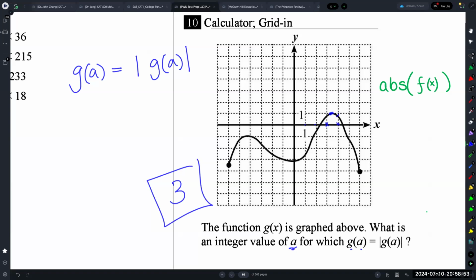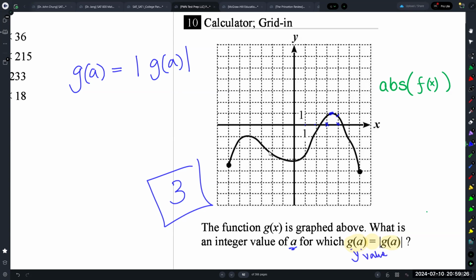Okay, so you have to see, it does say modulus, but you have to read it first. You have to read it in a way that you say, the value of my function, G of A, is the same as when you take a modulus around the function. And what does G of A represent? It represents a Y value.